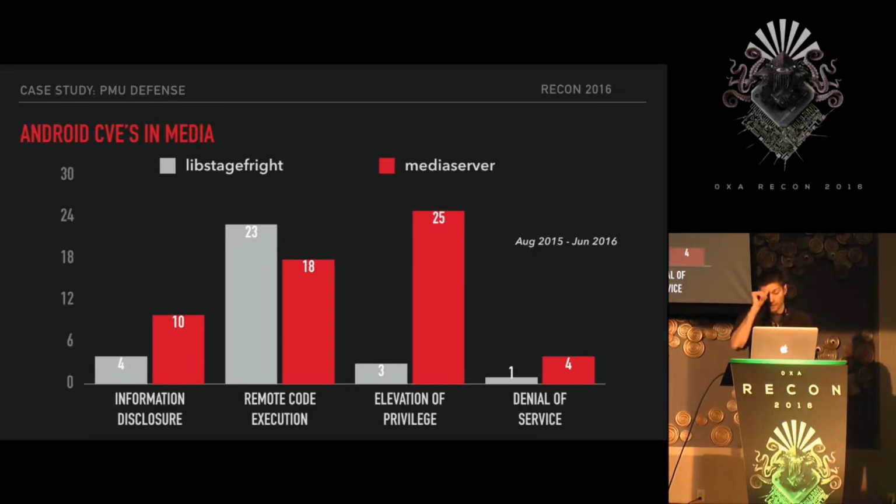So I decided to select Stagefright, which has been obviously very popular since last Black Hat. This is data provided from the Nexus security bulletins. And as we can see, there's been a ton of remote code execution and privilege escalation bugs, either in libstagefright or labeled as mediaserver, but I'm just collectively calling them media.